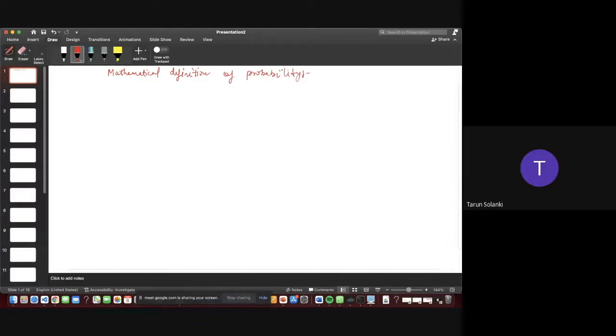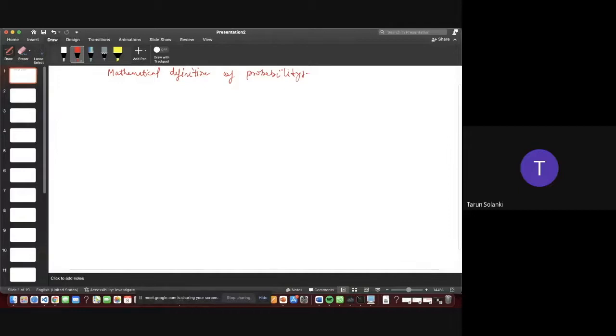First, let the outcome of an experiment consist of n exhaustive, mutually exclusive, and equally likely cases. Then the sample space S has n sample points.